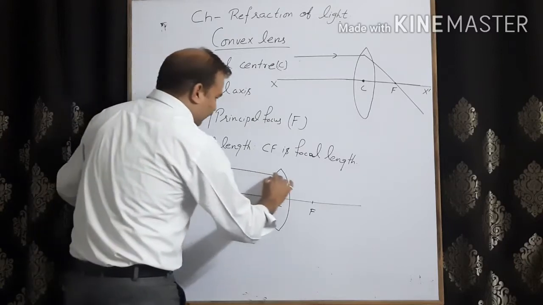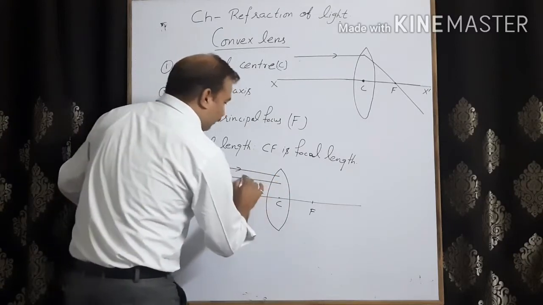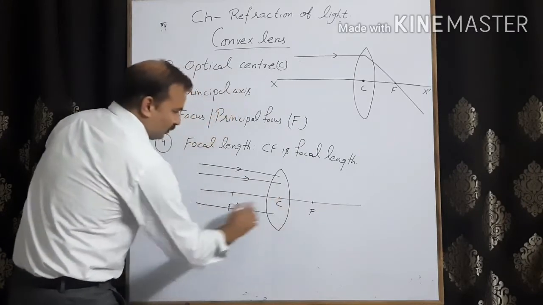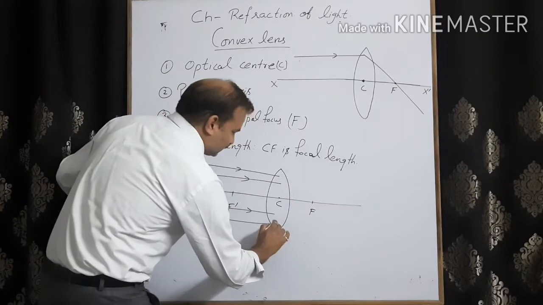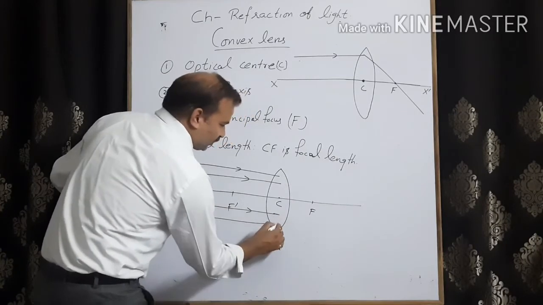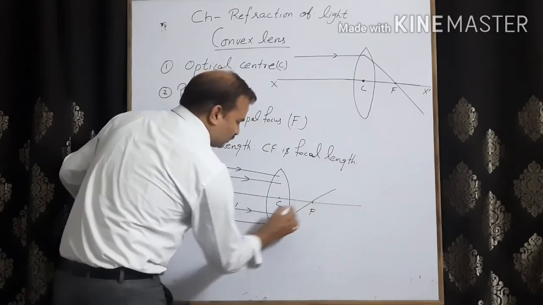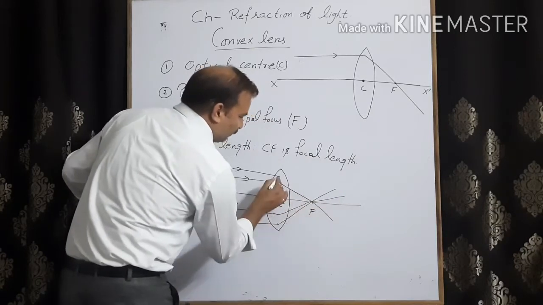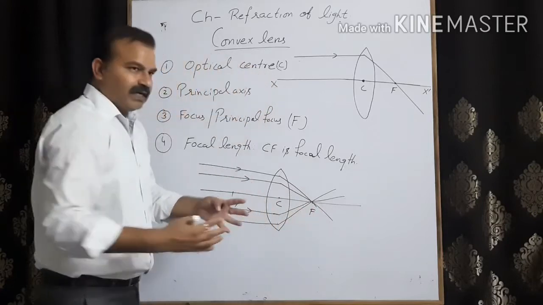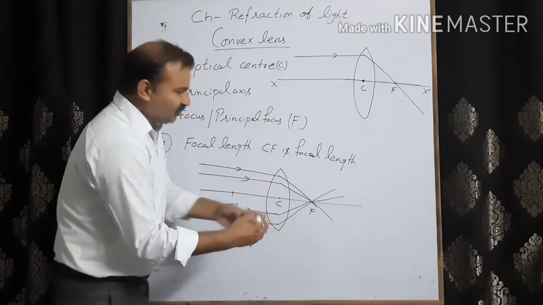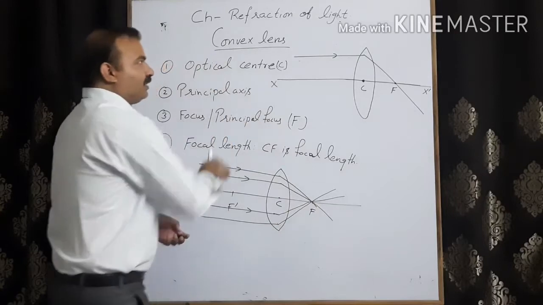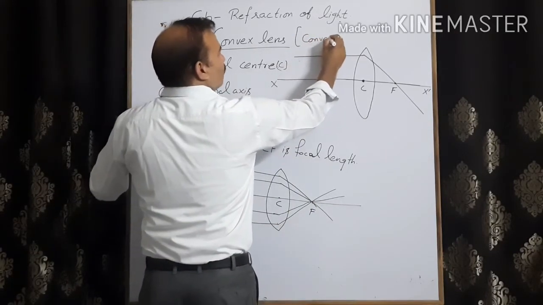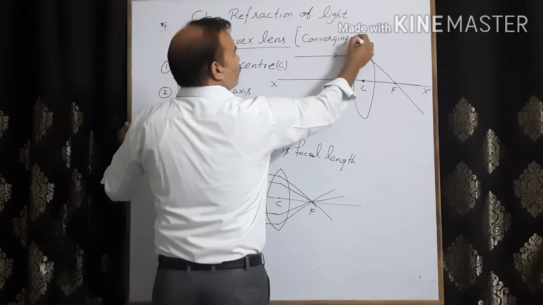When a parallel beam of light falls on a convex lens, then after refraction, it will pass through a point as all rays are merged. They are converging to one point. So that's why a convex lens is also known as a converging lens.